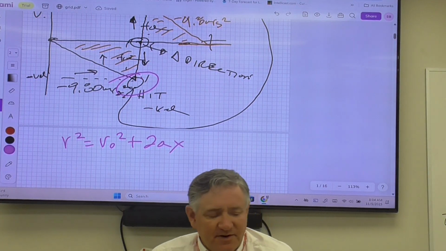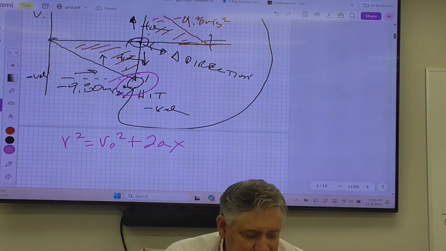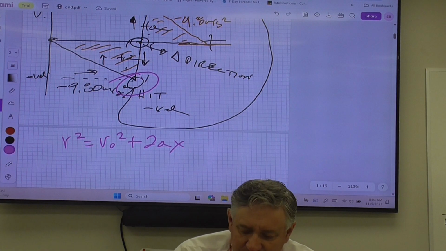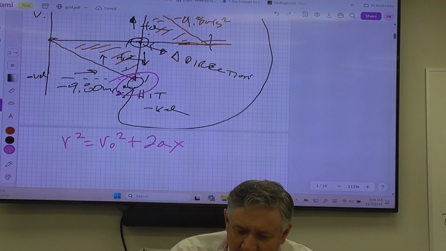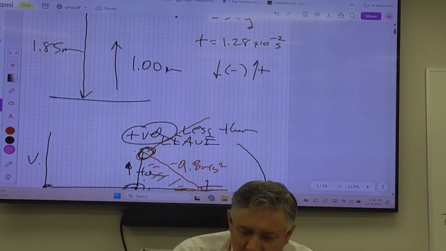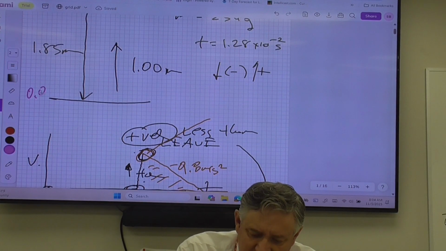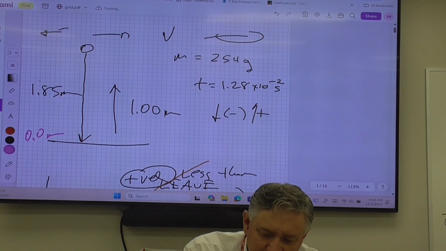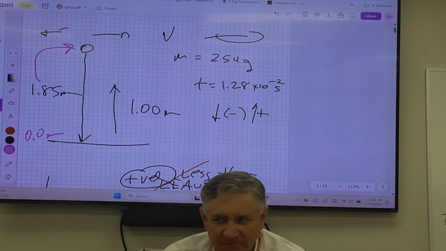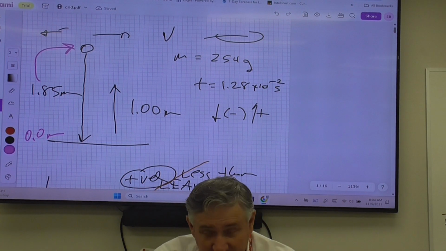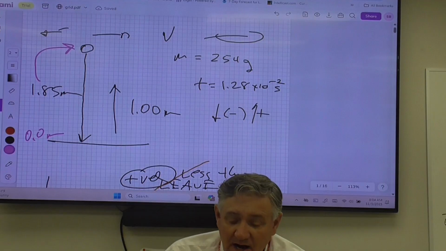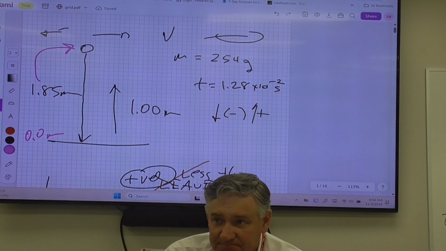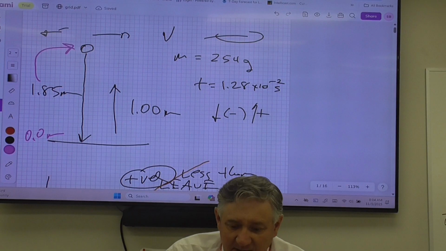Now, listen to me very, very carefully, okay? We're defining the ground as being the reference point. So when that ball hits, it's going to hit at 0 meters. What's its initial position? 1.85 meters. Now, going back to the lab from yesterday, how do you calculate displacement knowing initial position and final position? Final minus initial.